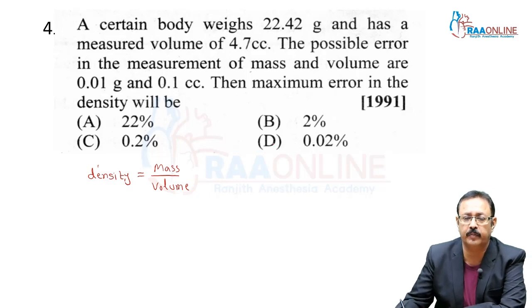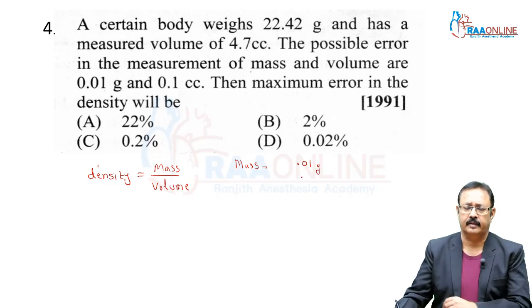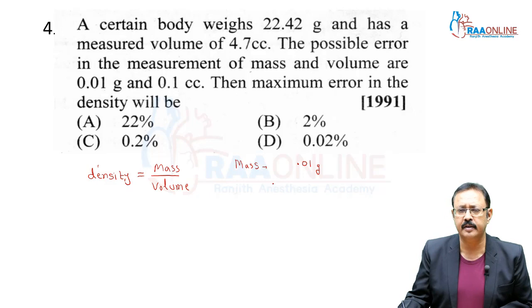First I am going for mass. What is given? In mass, error is 0.01 gram. 0.01 gram error. And what was actual mass? It means in 22.42 gram, you make an error of 0.01.